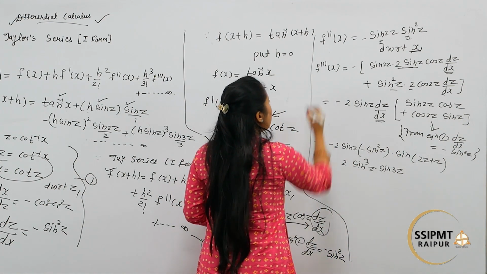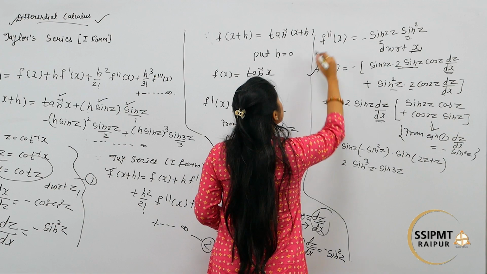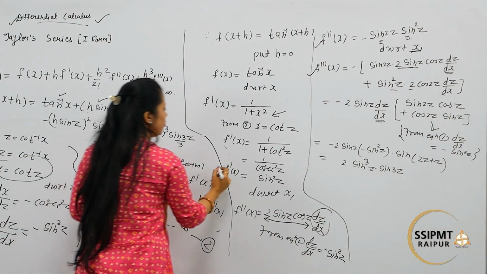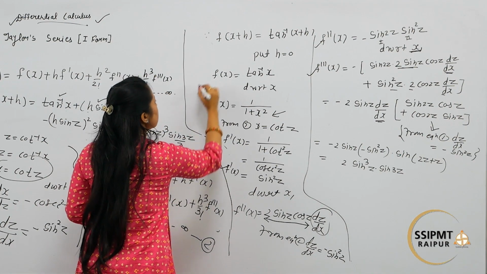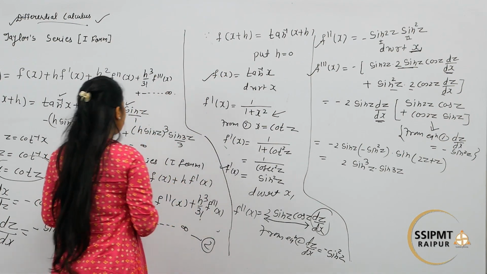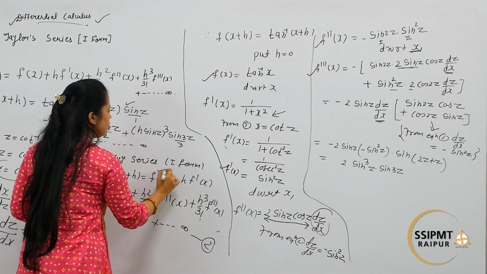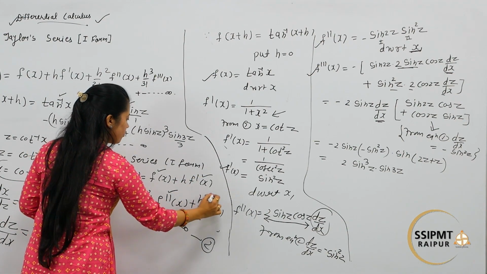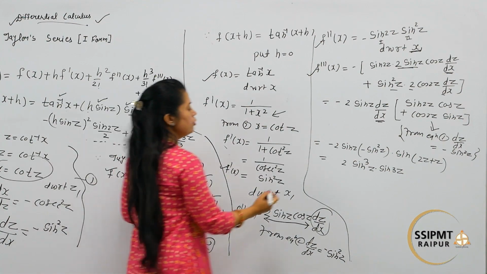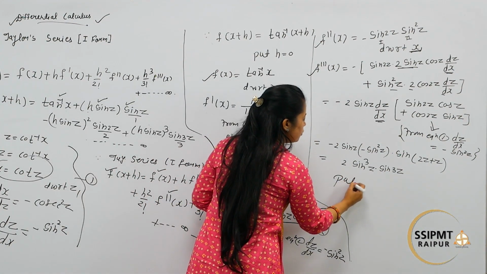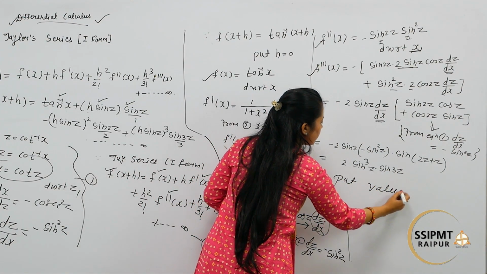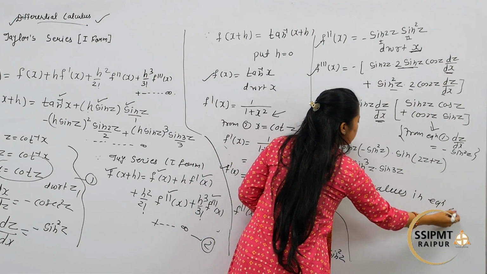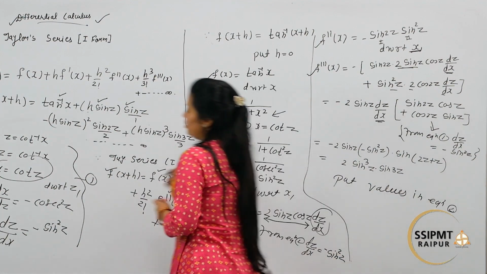So we have the value of f triple dash x, f double dash x. Here we have f dash x. Here we have f(x). Put all these values in equation number 2 to get the result.